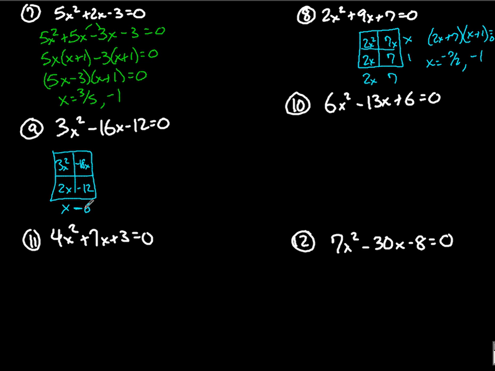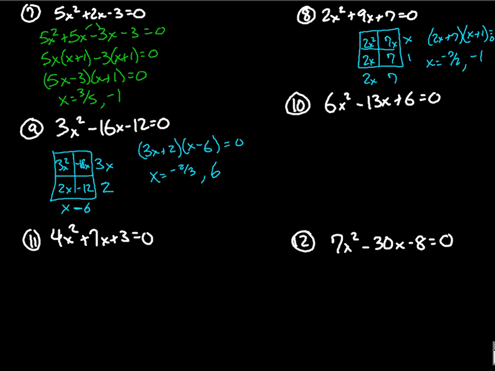So x minus 6 there. When I go across, I'm going to pull out a 3x. And when I go across here, I can pull out again a 2 for this one. So my factors here should be 3x plus 2 and x minus 6 equals 0. So that means x should equal a negative 2/3, and it should also equal a positive 6.